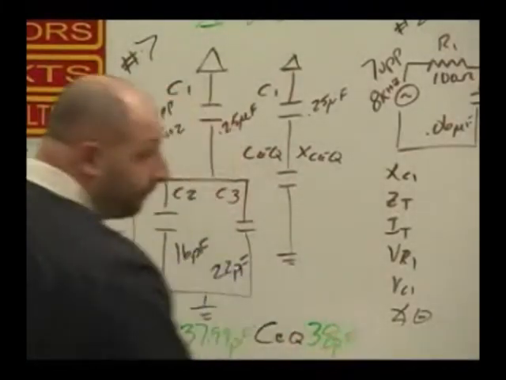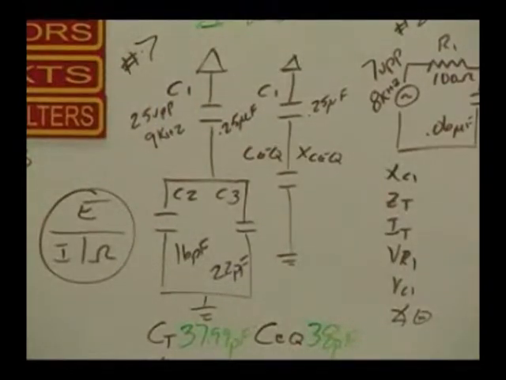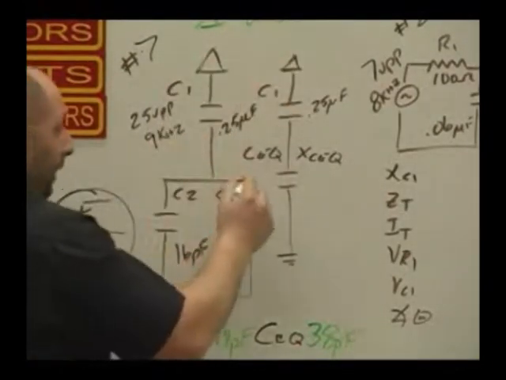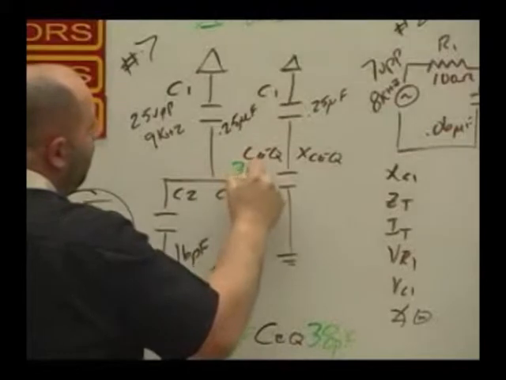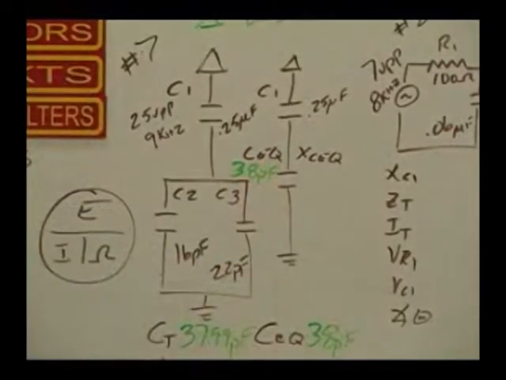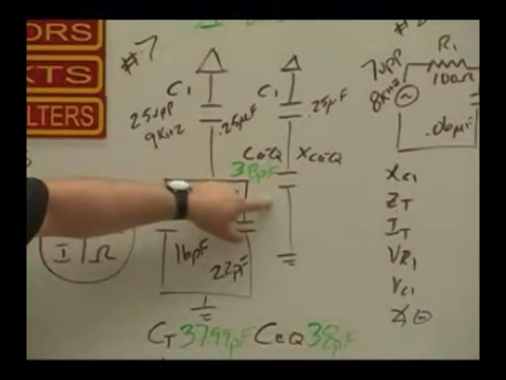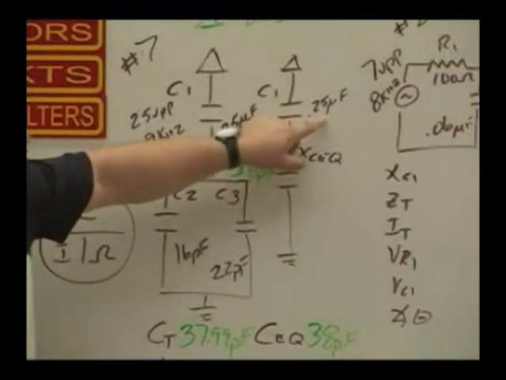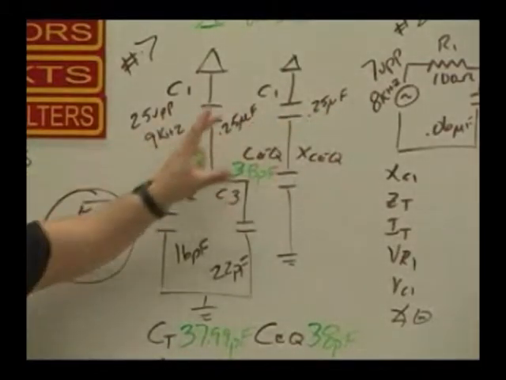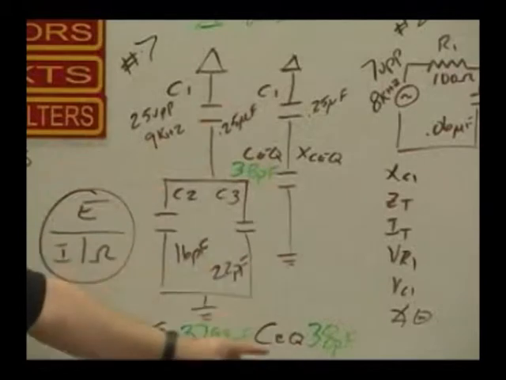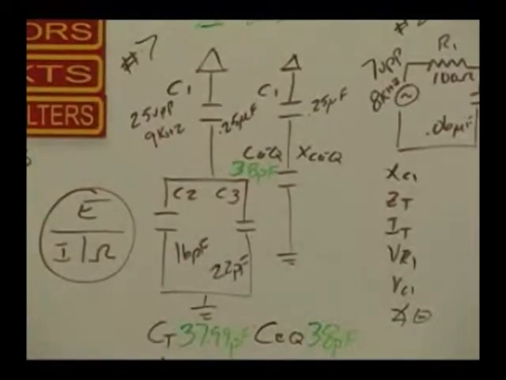So if we redraw our circuit, highly recommended, 38 pico is in series with the 0.25 micro from C1, we're just carrying over. Now we're dealing with the series circuit. What do we have to do in series?